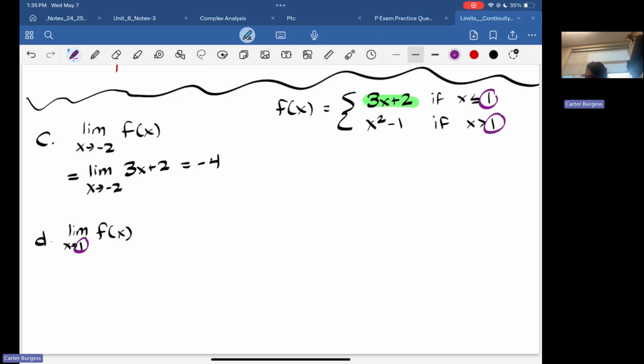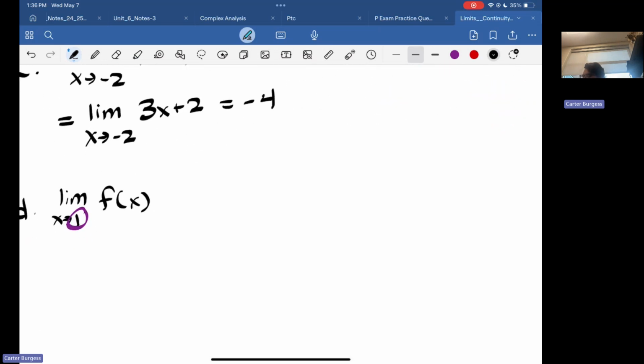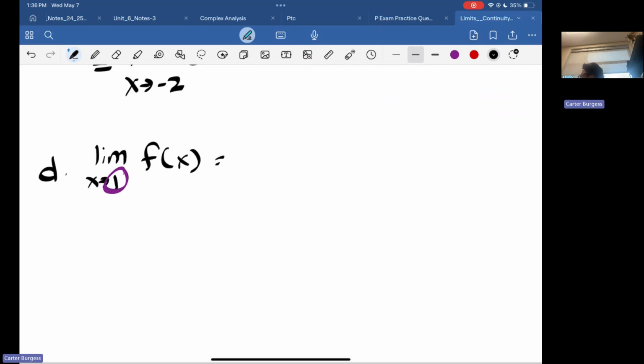The limit as x approaches 1 of f of x, we have to split apart into two separate limit statements, one looking at the left, one looking at the right. You could have done that for C. You don't really need to because you're going to be using the same function for both, and so we can just get away with direct substitution. But here, because we are using different definitions on the left-hand side and the right-hand side, it would be wise to split them apart.